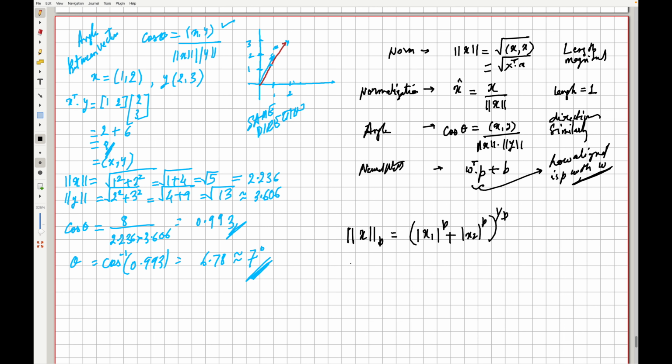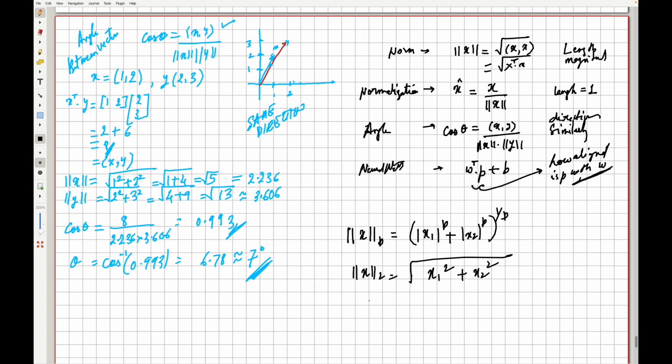For example, in the case of the squared norm, we essentially raise this to the power 1 by 2. That is to say, we get the square root, and the square root of what? We take each of these and then square them as we saw earlier.